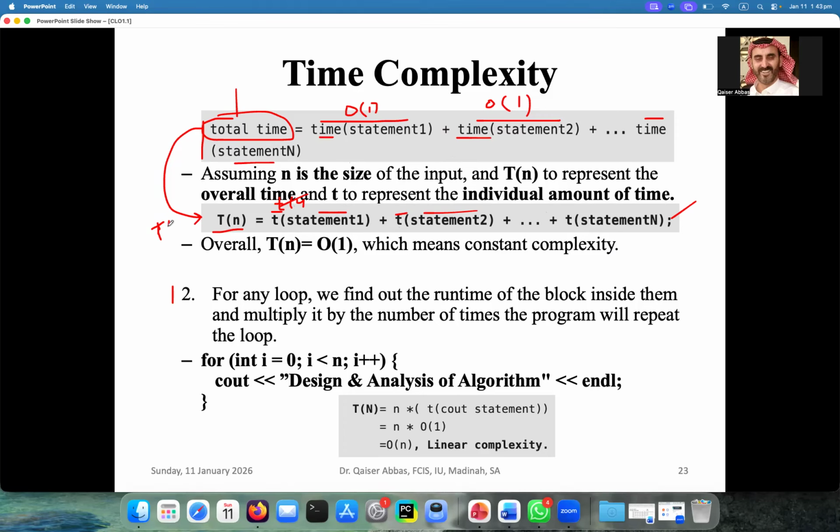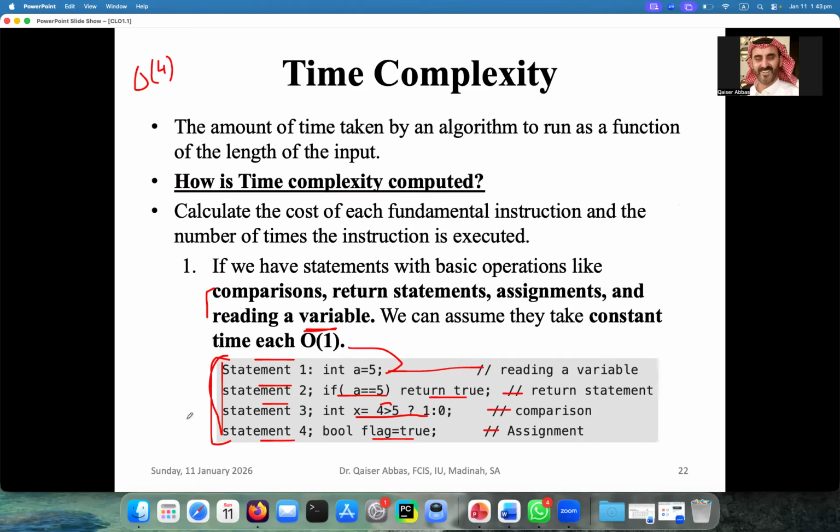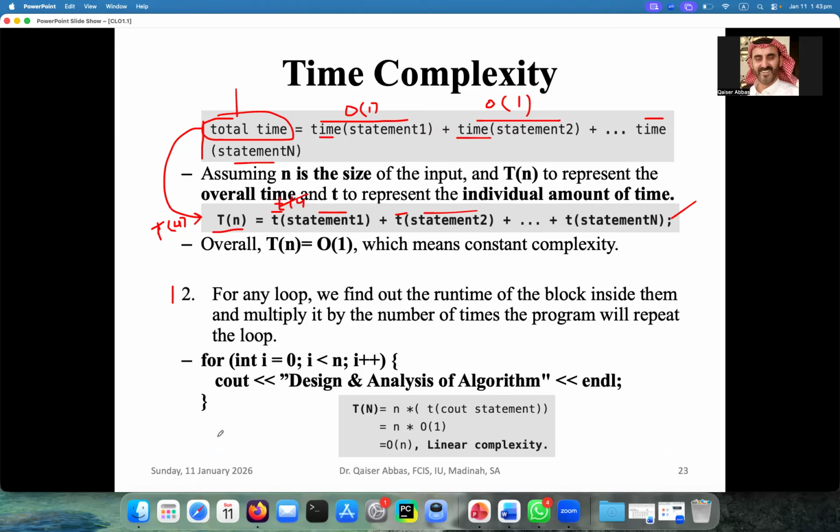The total time, T of 4 for this example. Understanding? And this T of 4 finally I can write in big O as order of 1. This is the normal way to represent it. If you want to represent constant time of an algorithm, you can represent it as order of 1.